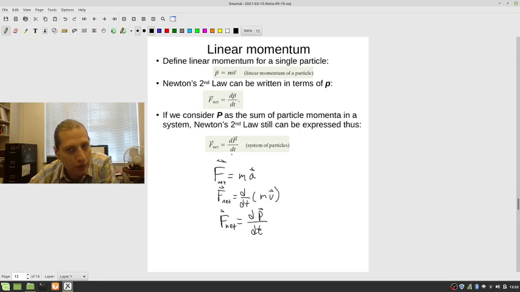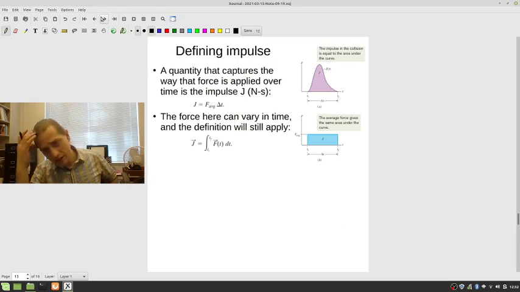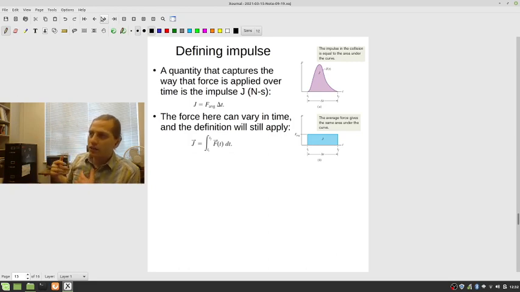I'm going to talk about that more on Wednesday, but let's just have in the back of our mind that we're going to use this for something. For now, though, let's just see how we're going to use it. As I said before, just like we had the idea that adding in work changes your kinetic energy, we want to have the idea that adding in something called impulse changes your momentum.